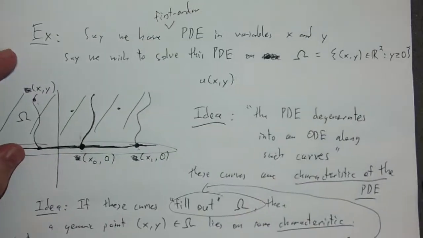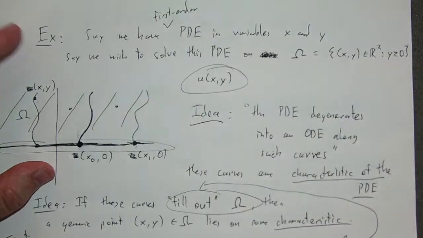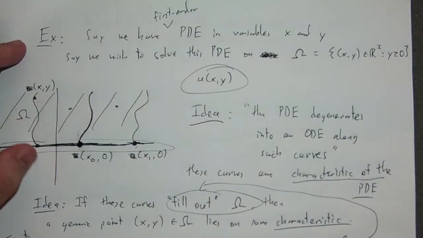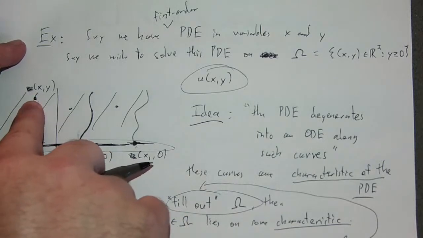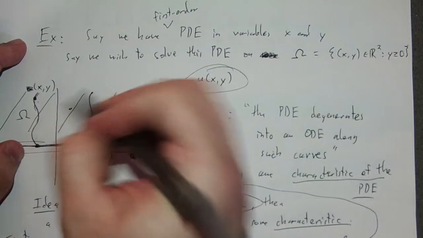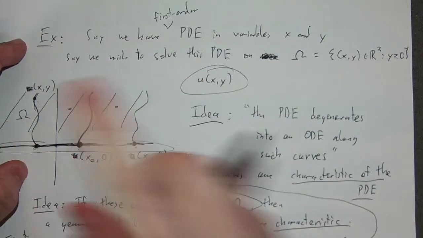Okay. So if we can do this, then as I said, what's the idea? Let's assume that we've done all of that. Then, in order to find the value of the solution at a completely generic point xy in this region, a completely generic point has a unique characteristic that passes through it. That unique characteristic only intersects the x-axis once. There it is, right? I have data provided at this point.